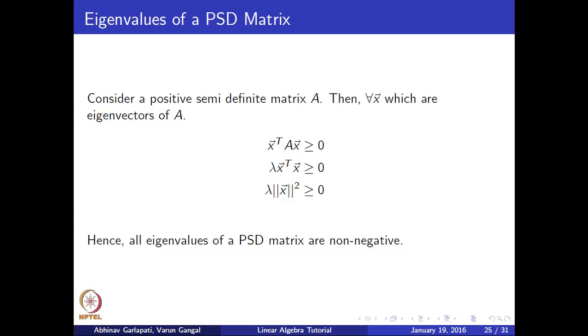Now, since Ax equal to lambda x, x transpose Ax simplifies to lambda norm of x square greater than or equal to 0. Since eigenvectors are non-zero by definition, the square of the norm is always positive. This means that every eigenvalue of A is non-negative.